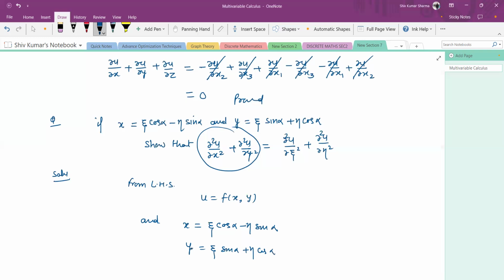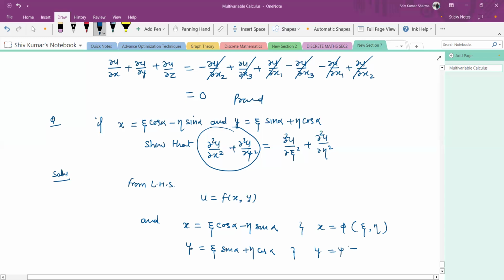So this says that x is a function of ξ and η, and y is also a function of ξ and η.